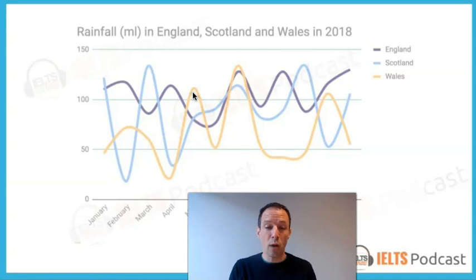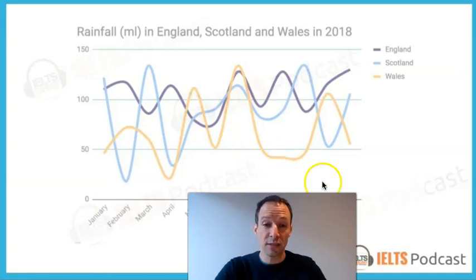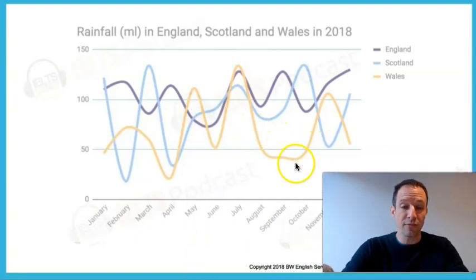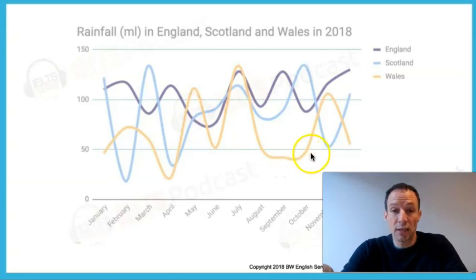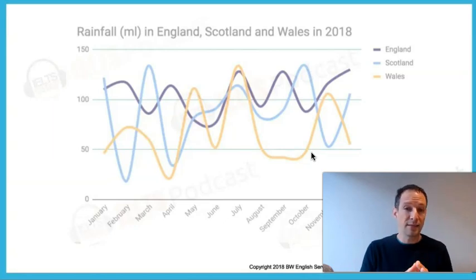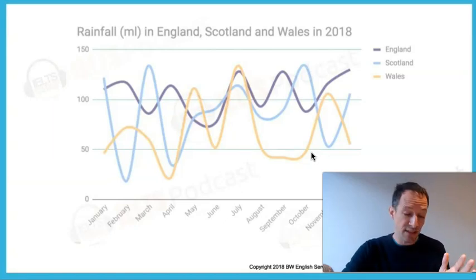We can say there are wild fluctuations throughout the time period, and there is one noticeable exception here between August and September and October for Wales, where the rainfall is exceptionally low. That's the main exception here, but the overall trend is that the rainfall is very erratic over the 12-month period. So just try to keep that in mind.